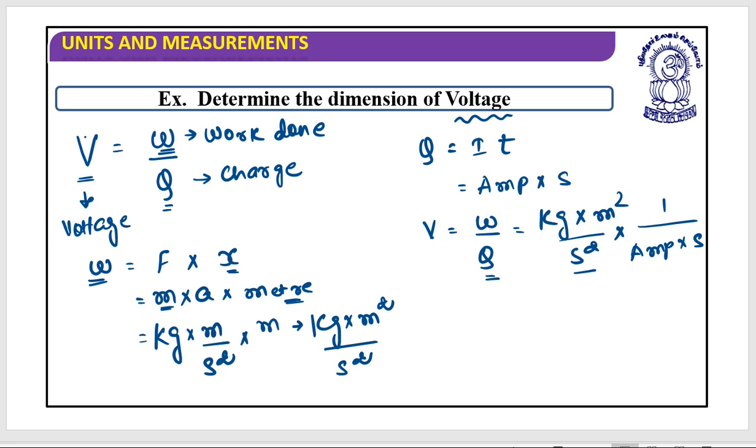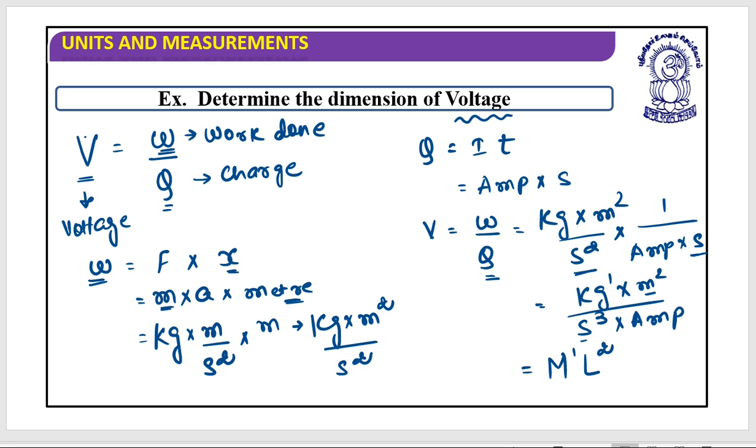Now here second square would be there, here second would be there. So what I can write is kg into meter square divided by second square into second. So this is second to the power 3, multiplied by ampere. So that should be kg to the power 1, so mass to the power 1. Meter to the power 2, this is L2.